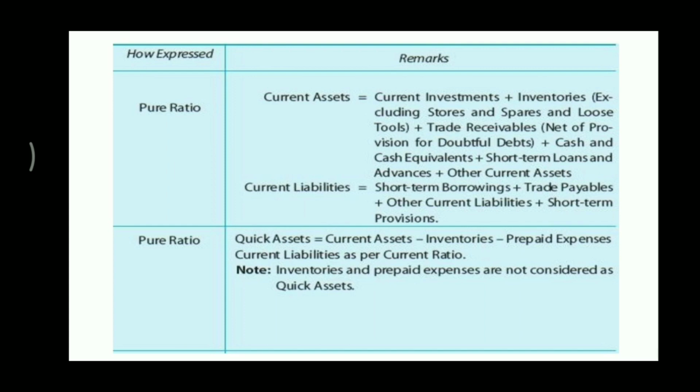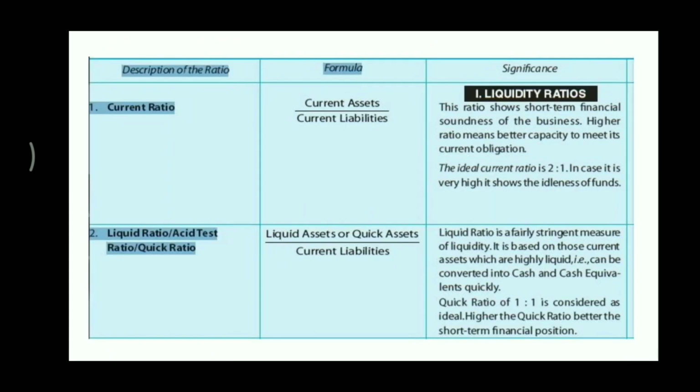And under these two ratios are there, current ratio. And what is the formula for current ratio? Current ratio is equal to current assets upon current liabilities, and liquid ratio, liquid assets upon current liabilities. And what is ideal current ratio? Ideal current ratio is 2:1, and ideal liquid ratio it is 1:1.